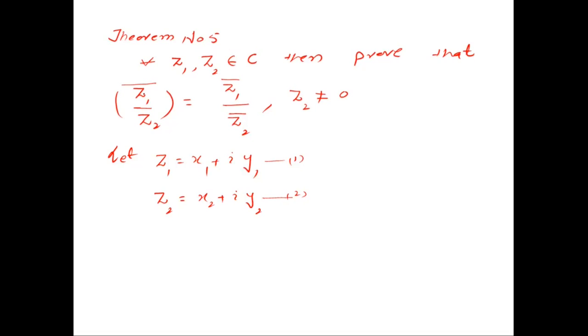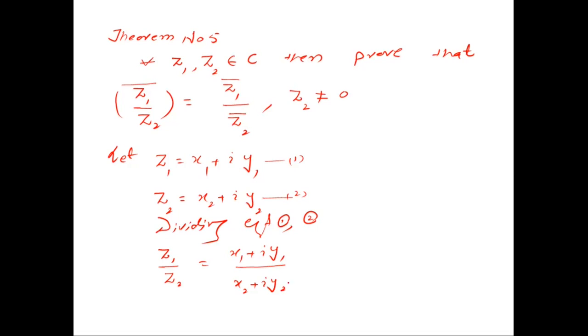We have to divide z1 by z2. So, dividing equation 1 by equation 2, z1 divided by z2 equals x1 plus iota y1 divided by x2 plus iota y2.